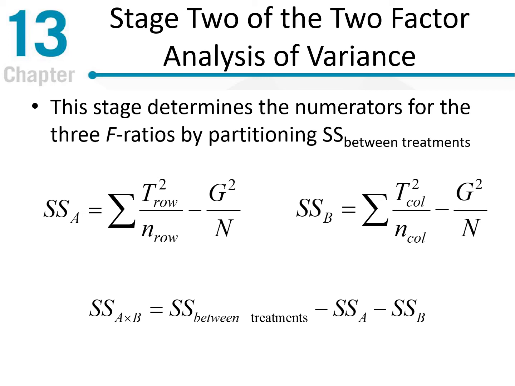Main effect for A, main effect for B. Subtract those from the sum of squares between groups, between treatments, and what's left over is the interaction effect, sum of squares A times B. So it's basically the residual, the leftover, when you take the total sum of squares between and subtract out the main effect for A and the main effect for B. That gives you the leftover, which is the interaction term, sum of squares A times B.